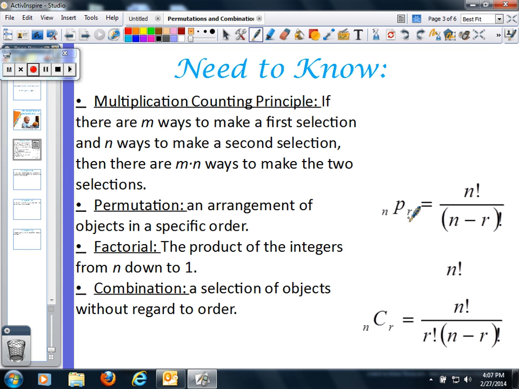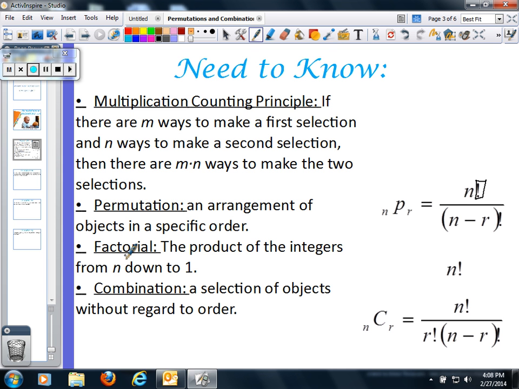In order to find out how many I have, I'm going to use this formula right here. This here is what we call a factorial, which we'll get to in a minute. So it's going to be n factorial over n minus r factorial.